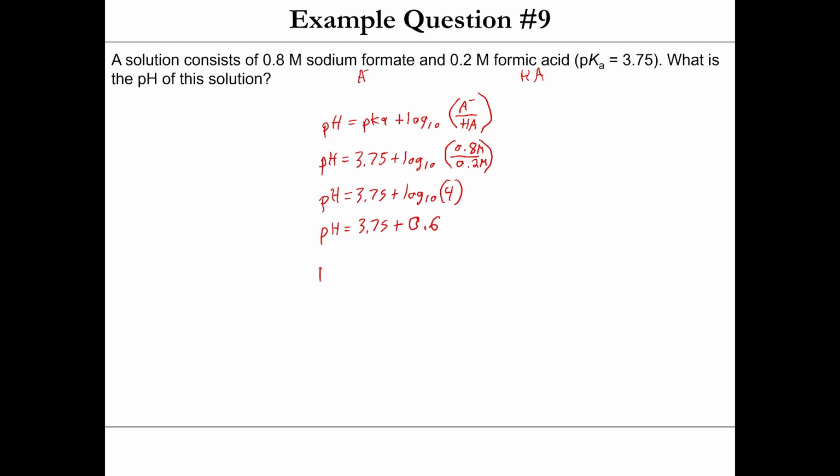So the pH will equal 4.35. And again, this makes internal logic because we have more of the conjugate base than the acid, so we already know that the pH is going to be higher than the pKa, which it is.